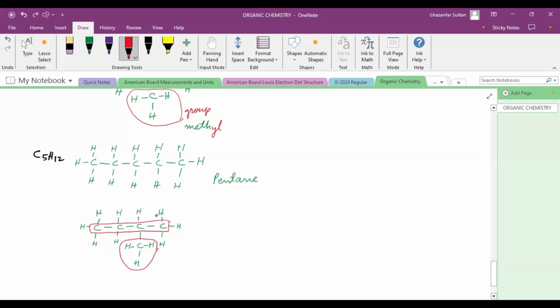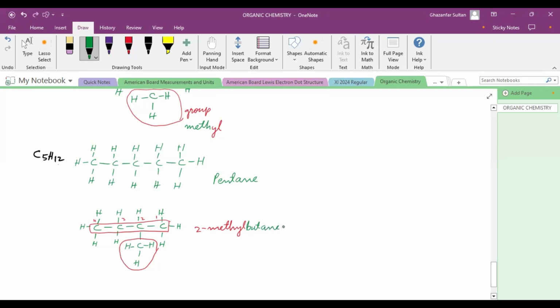Numbering should start from here, 1, 2, 3, and 4. On second position methyl is there, so 2-methyl, and there are total 4 carbon atoms in basic chain. So we use the word but.